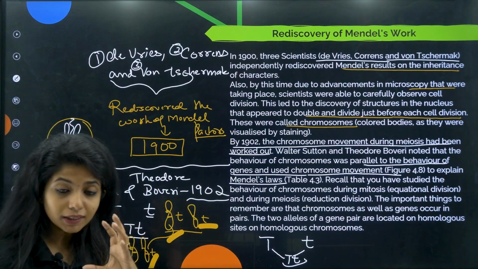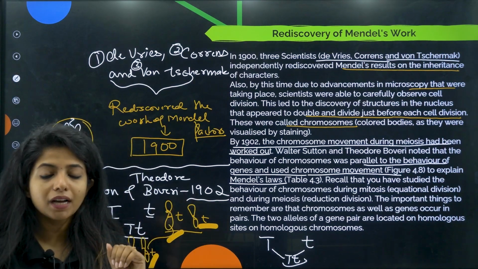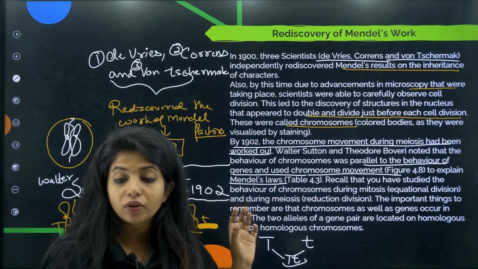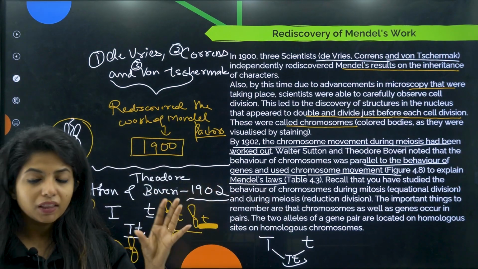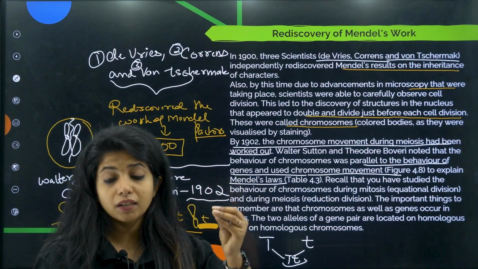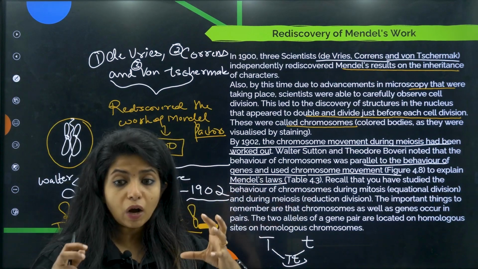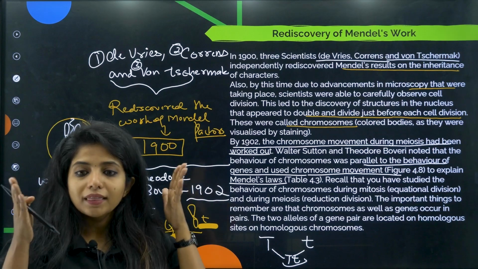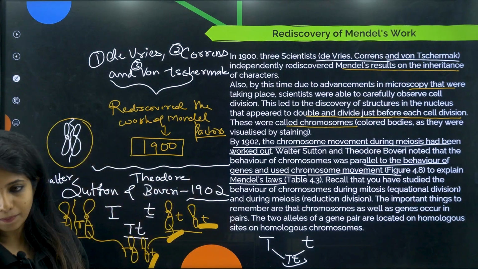So this was actually linked by Sutton and Boveri, Walter Sutton and Theodore Boveri, in the year 1902. They found that probably what Mendel was saying, that factors move down, would be with the help of chromosomes. Probably chromosomes would be the ones that have these factors on them.